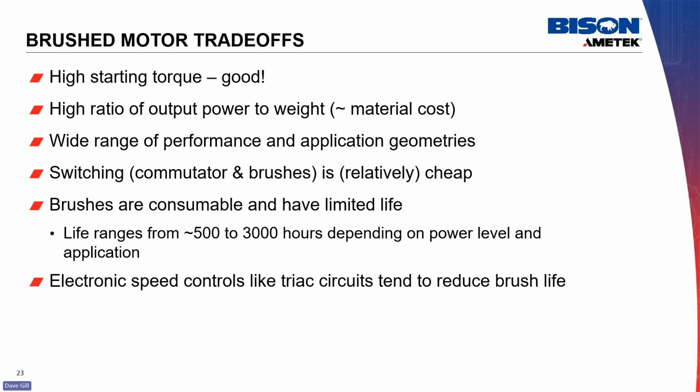They erode as the motor runs, and eventually they wear out. But life ranges anywhere from 500 to 3,000 hours, depending on the power level in the application. And finally, electronic speed controls like triac circuits tend to reduce brush life. The brushes just don't like them all the time.